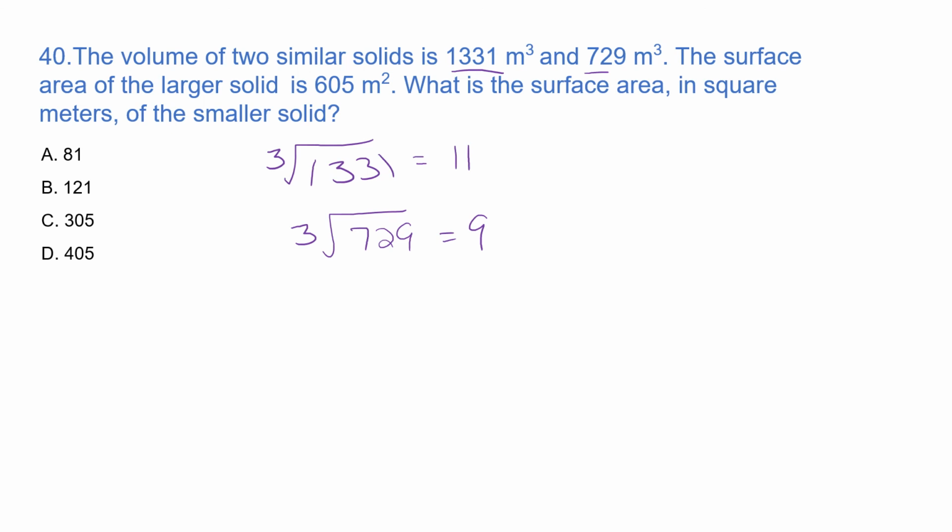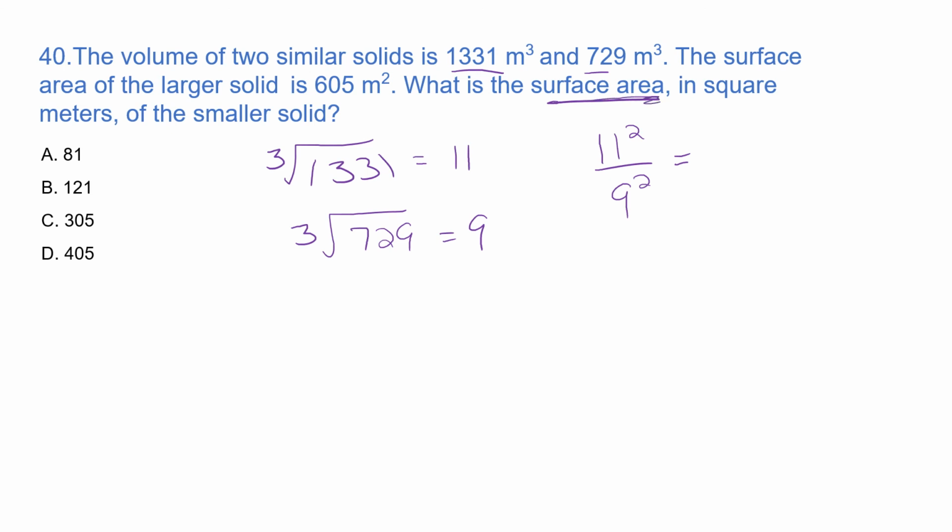So now we're going to compare the scale factor to get the surface area. So we're going to set up a proportion to do that because it says what is the surface area. So our scale factors are 11 over 9, and you might ask, why is she squaring this? I'm squaring it because we want to compare the surface area.